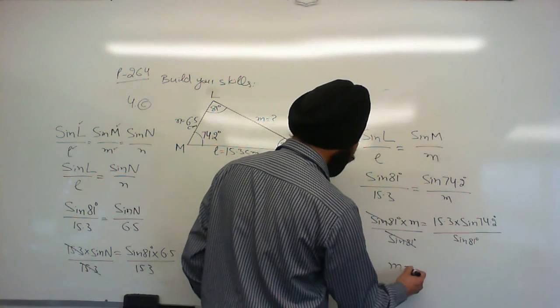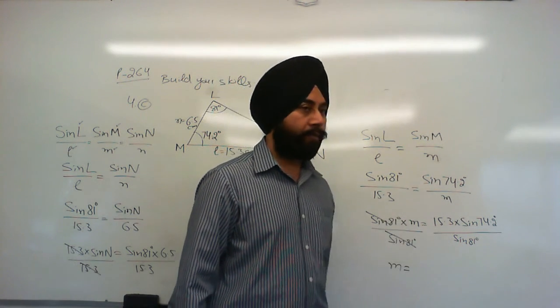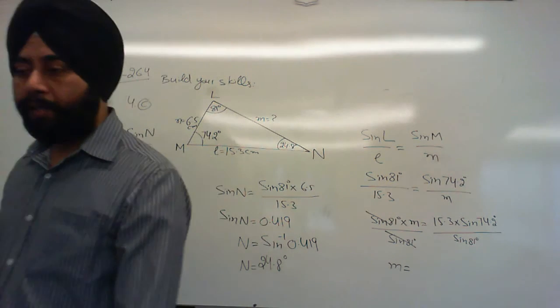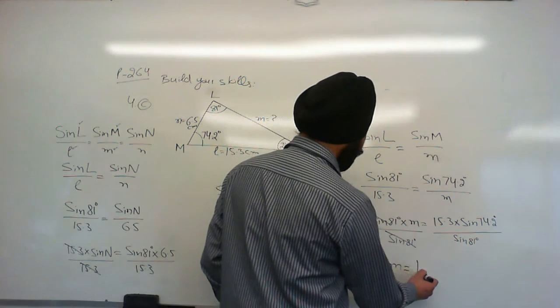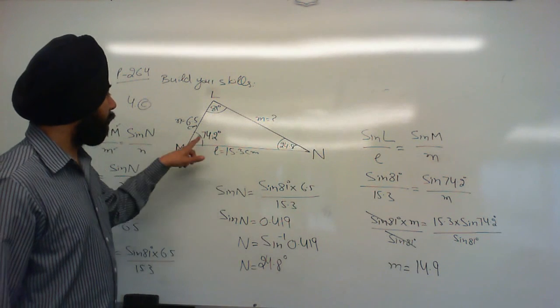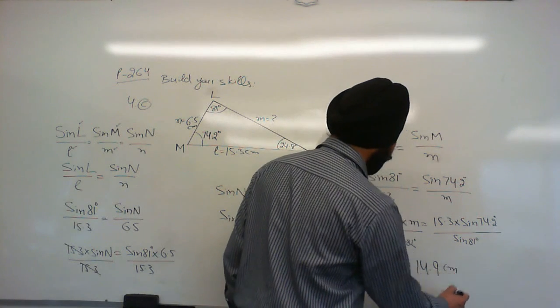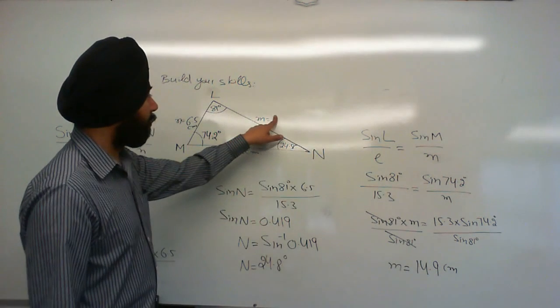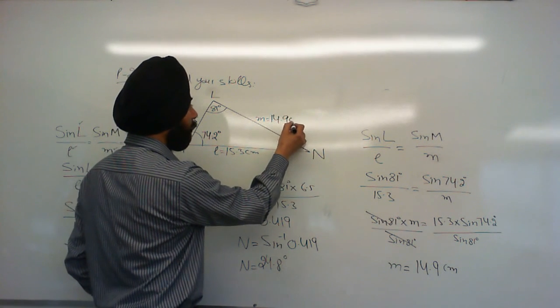You can calculate the right hand side. What is 15.3 times sine 74.2 divided by sine 81? 14.9. Okay. 14.9, and because this length was in centimeters, this will also be in centimeters. So M came out to be 14.9 centimeters.